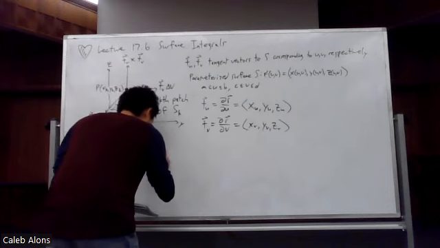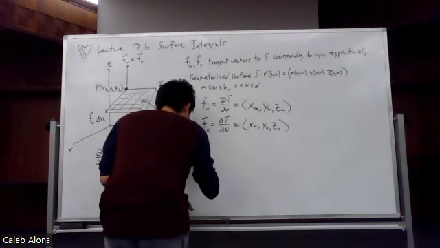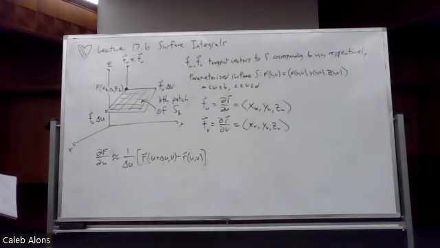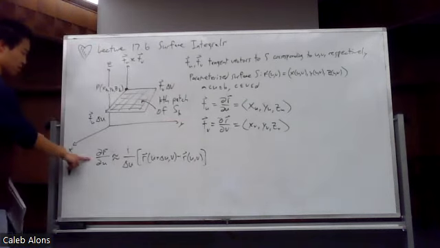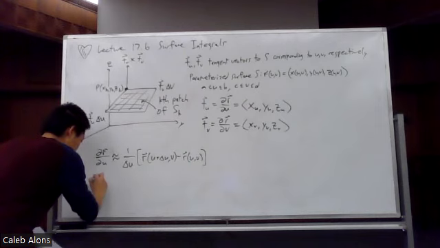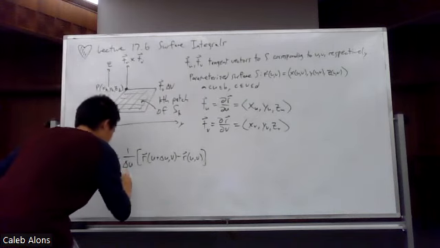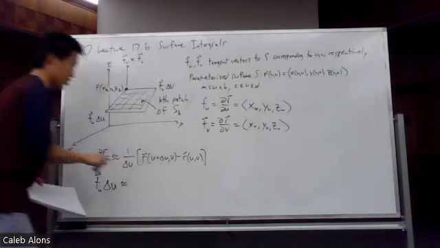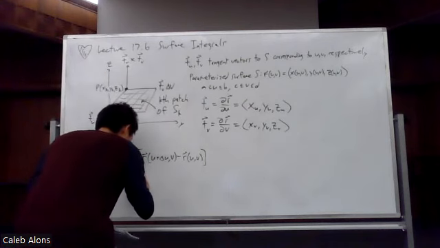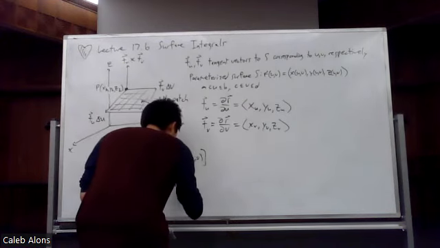So r(u plus some nudge in u, but the v is held constant) minus r(u, v). And if we hold that to be true, multiplying both sides by delta u results in Tu times delta u, which approximates the amount of change that occurs in r as we nudge u some amount: r(u plus delta u, v) minus r(u, v).